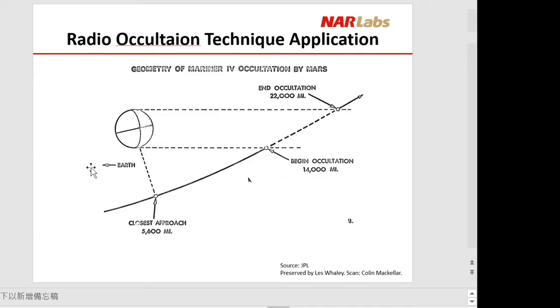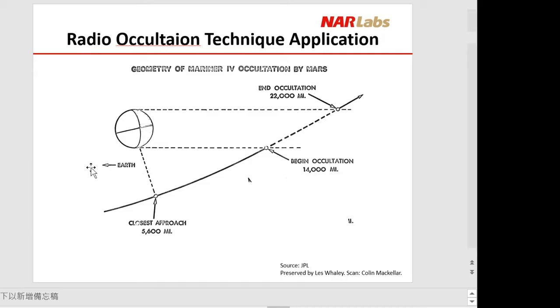From this slide, the Earth is on our left-hand side, and the globe here is Mars. When Mariner went to the back of Mars in terms of the view from Earth, people could measure the occultation by transmitting the signal from Mariner 4 and receiving it at the ground station on the Earth.